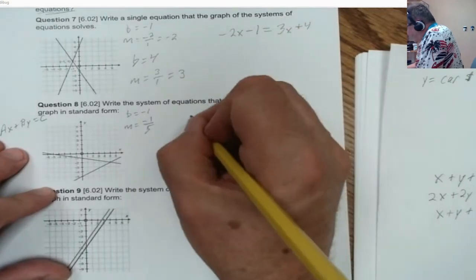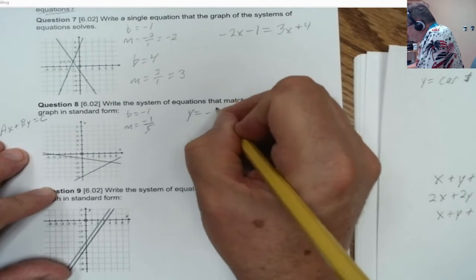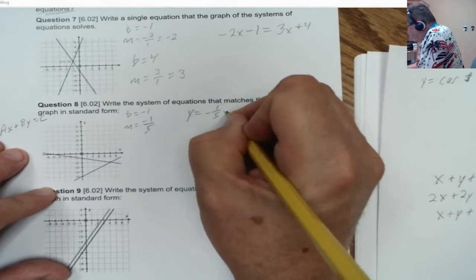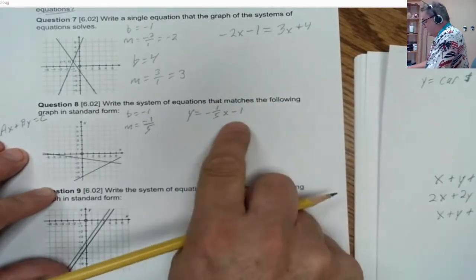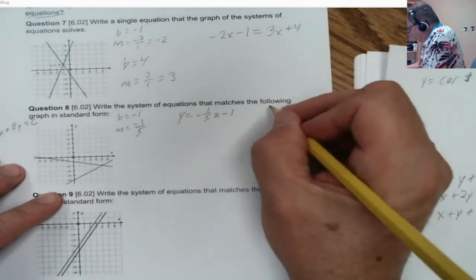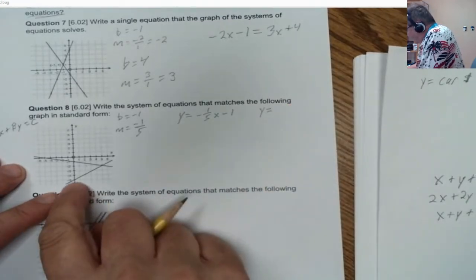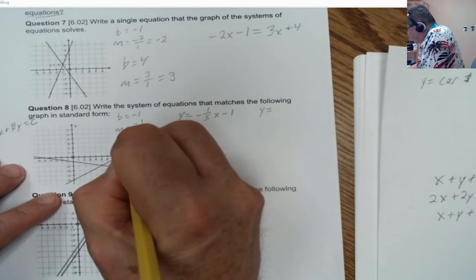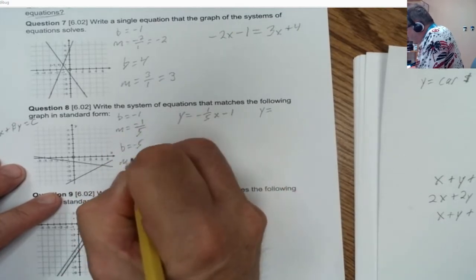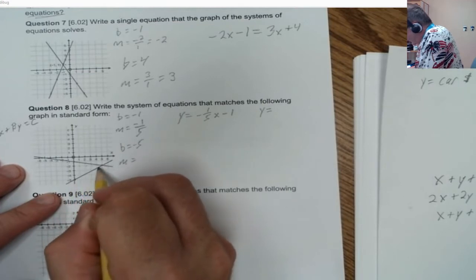So that would be y equals -1/5 x minus 1. That is this line here. That's not in standard form, but I got to have the line to start with. So let's do the other one over here. -5 is our y-intercept, and our slope equals, let's see, we go through this point and then all the way to here for our next point.